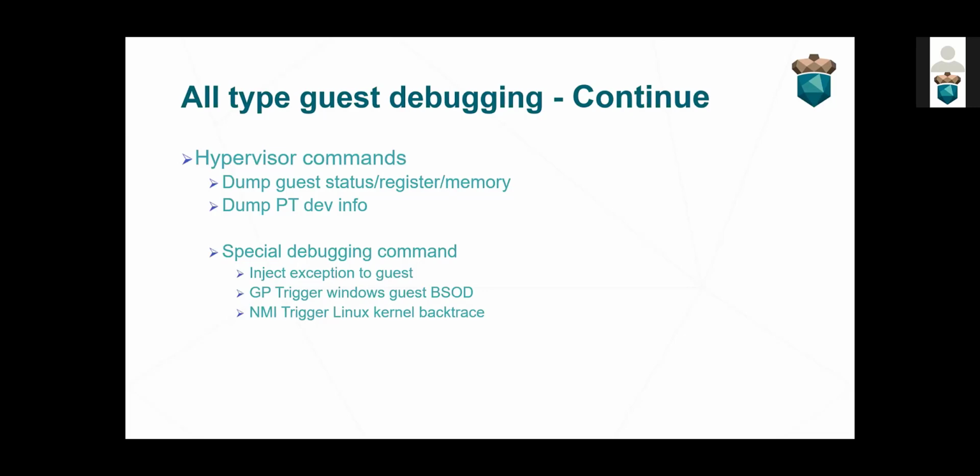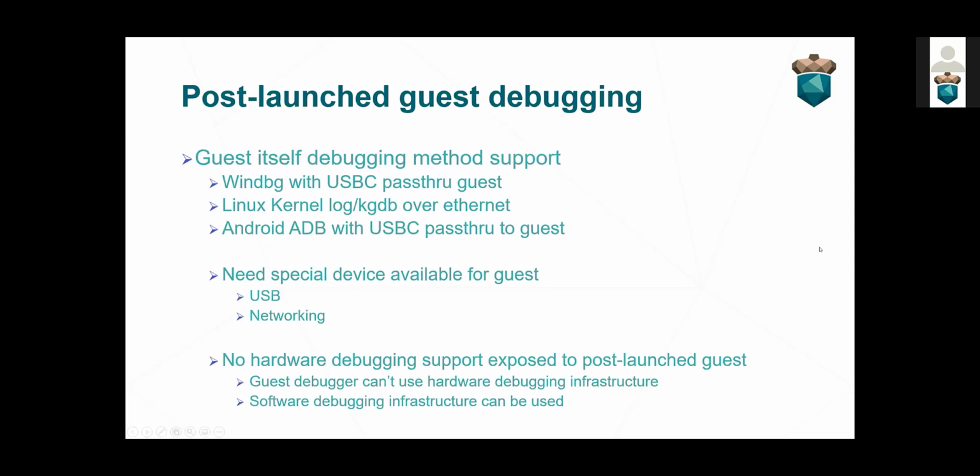Okay, I'll go to the next slide. Okay, we're talking about post-launch guest debugging. Now, a post-launch guest is a little bit special. You know, it's launched by the ACRN-DM from the SOS. So we support all the guest self-debugging methods.